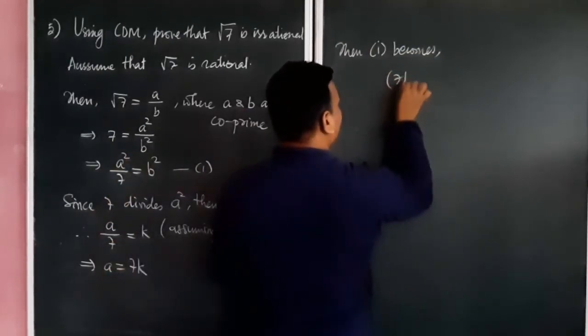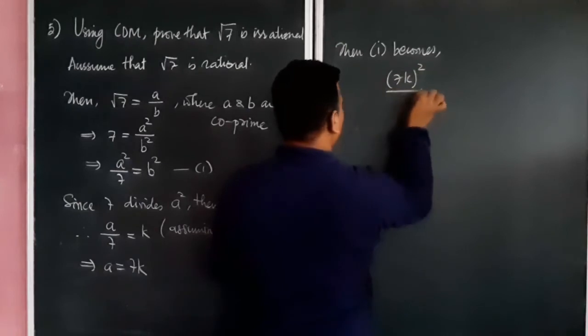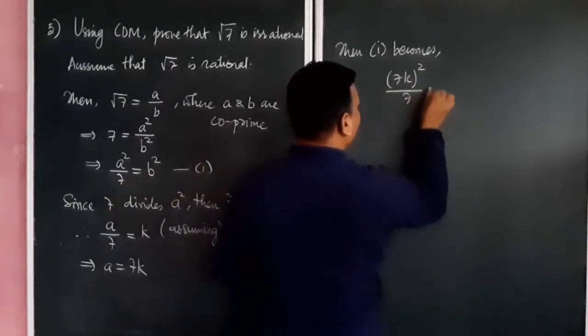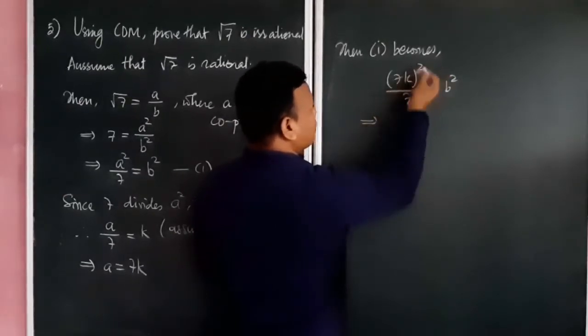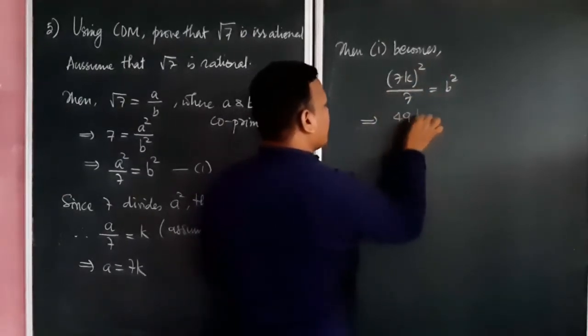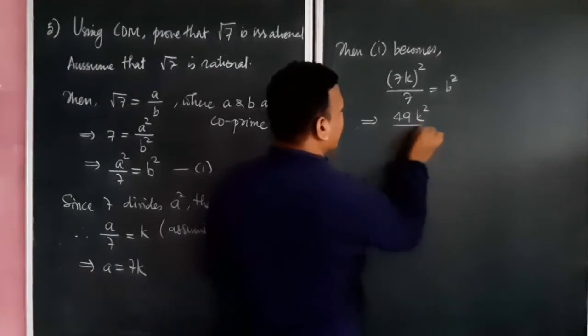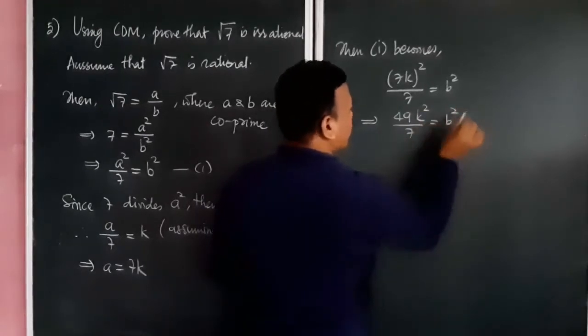So this can be written as 7k whole square by 7 equals b square. Alright, and what is this? This 7 square is 49. 49 k square by 7 equals b square, right?